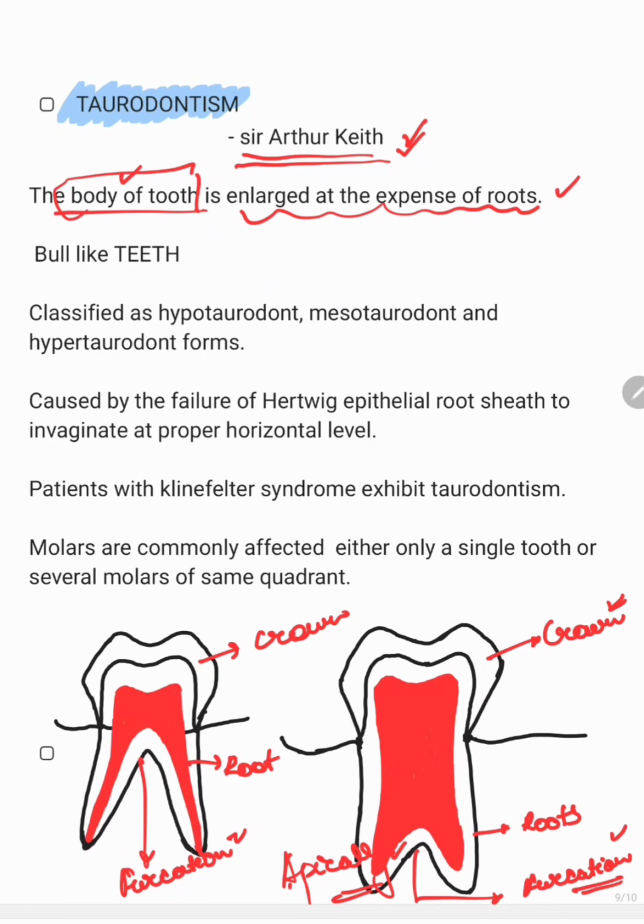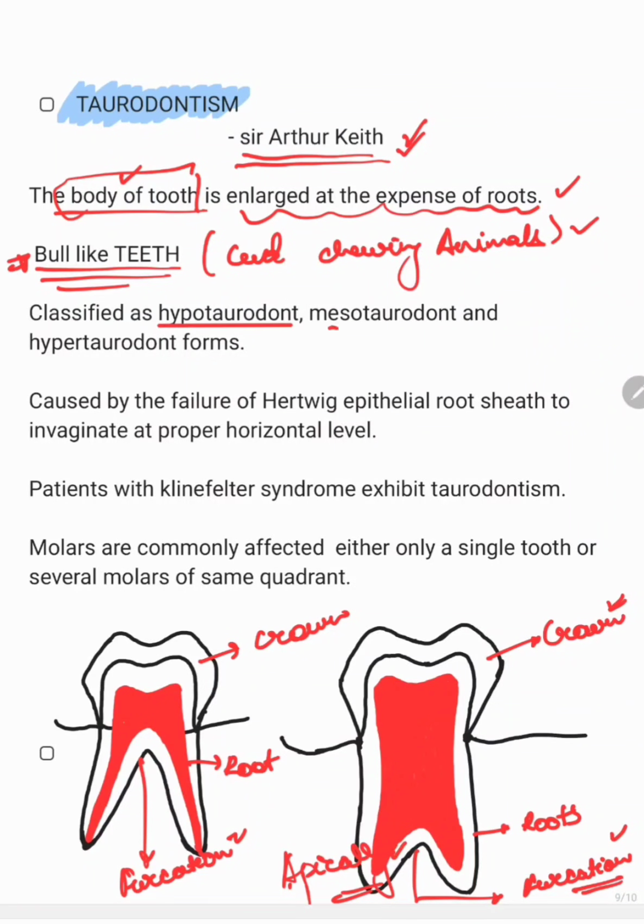It is also known as bull-like teeth because it resembles the teeth present in cud-chewing animals, right? That's why the name bull-like teeth. It is classified into hypotaurodont, mesotaurodont and hypertaurodont.